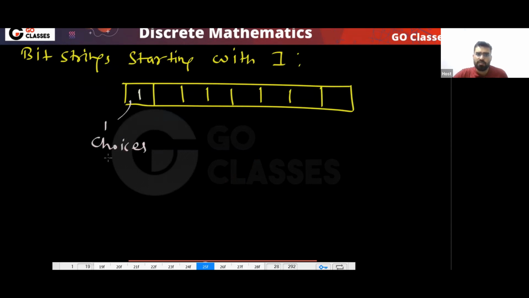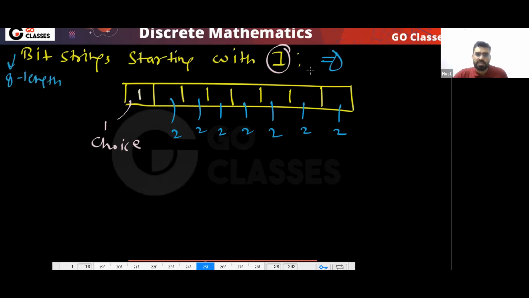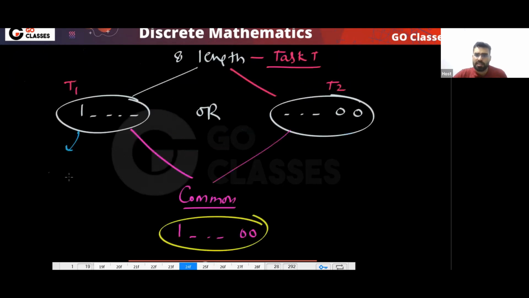For all the remaining positions, I have two choices. So the number of 8 length bit strings that start with 1 will be 2 power 7.